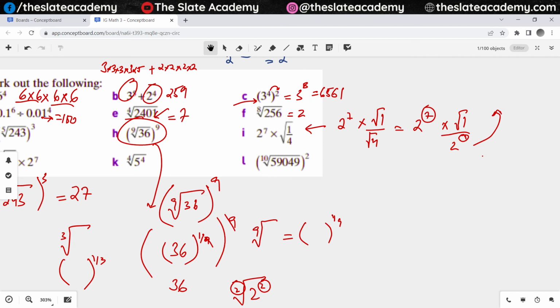So when I bring this one up, it would be 2 to the power 6 times root 1. Root 1 would be 1.